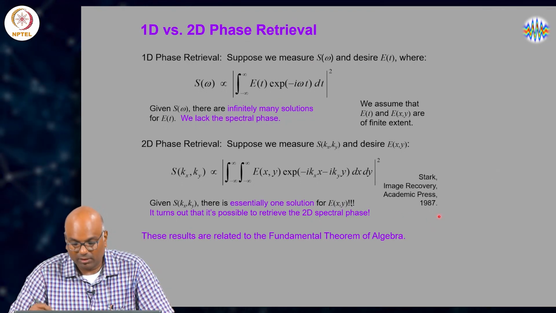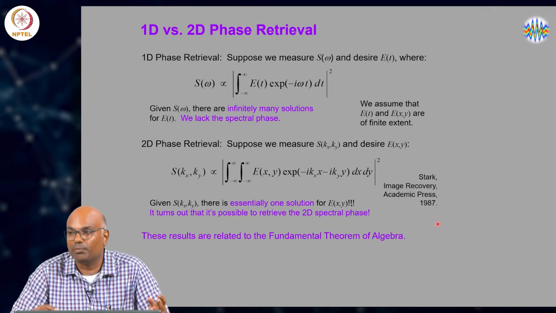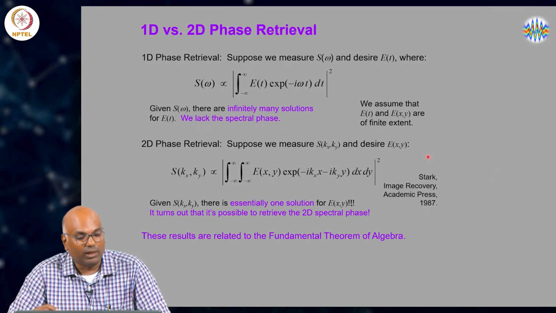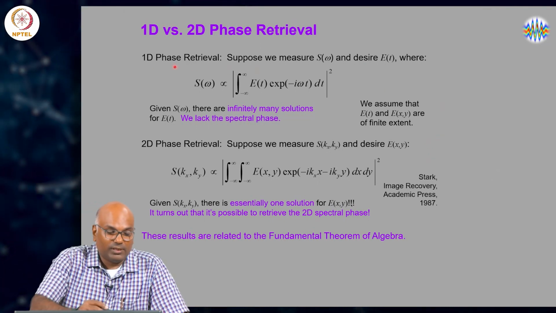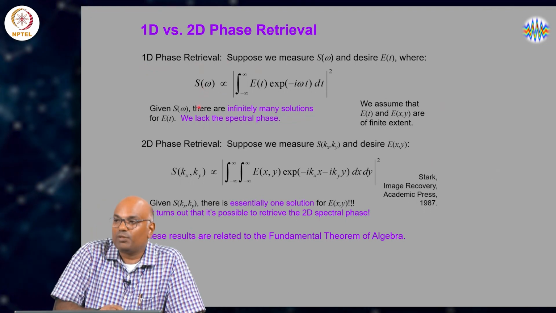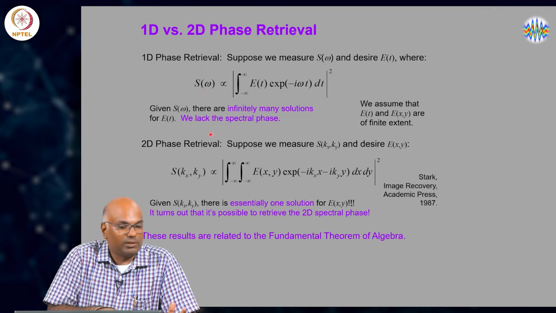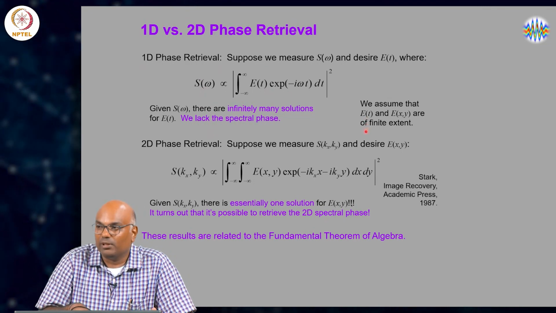What we must appreciate, which I am not going to go into the details of, I gave you a flavor of this in the previous view graph, is the following. The problem is that this 1D phase retrieval, wherein we simply measure the spectrum of the pulse, whether we have a gate here or not is inconsequential.